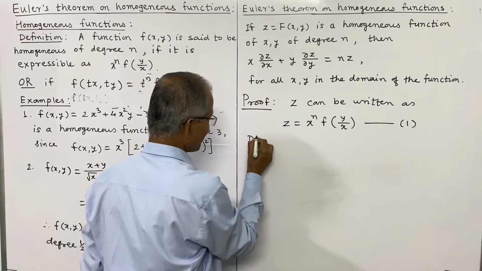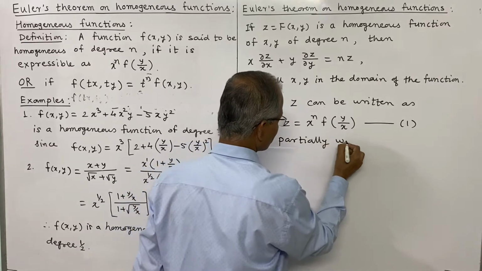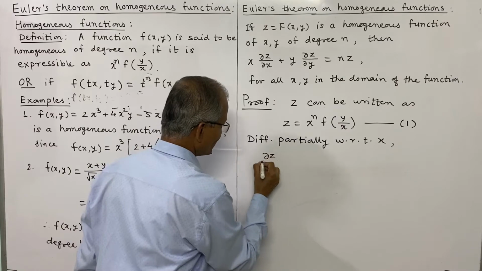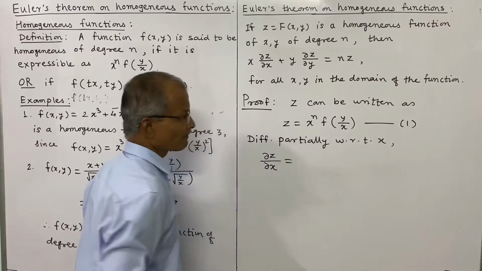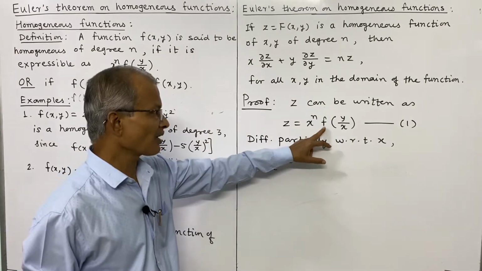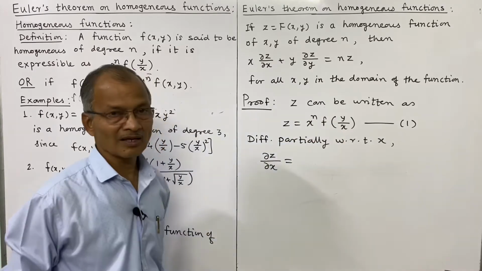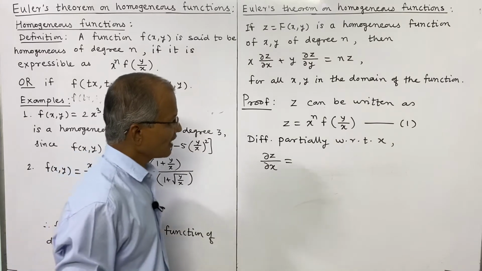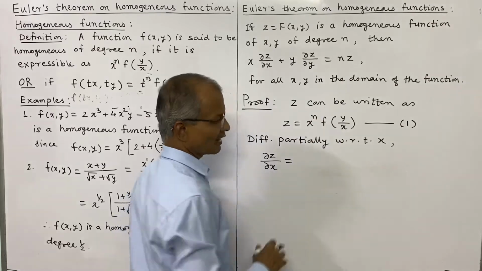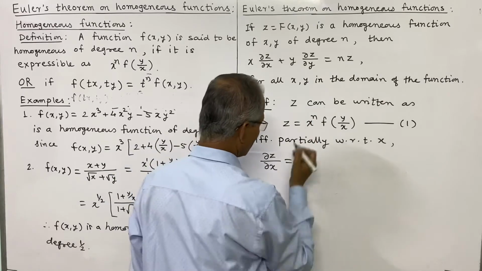So differentiating partially with respect to x, what we shall get is the partial derivative of z with respect to x is equal to, and here we shall have to use the product rule, because this is a product of two functions: x power n, and the second function is f of y upon x. The product rule can be used like this: the derivative of the first, second as it is, plus first as it is, derivative of the second, or any way you can use it.